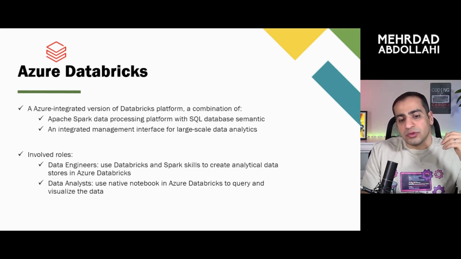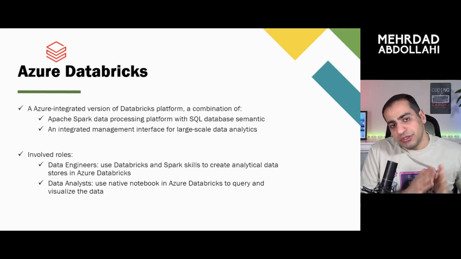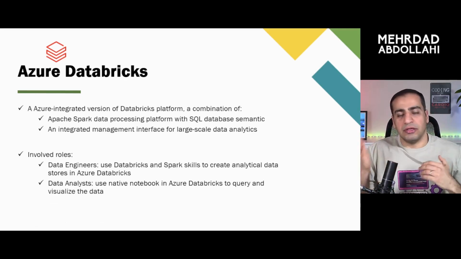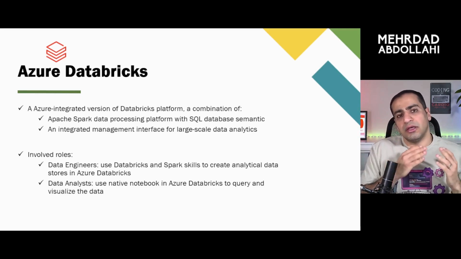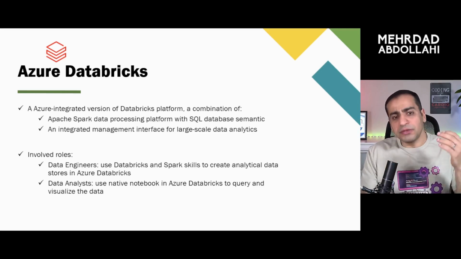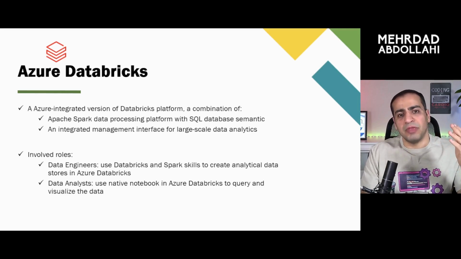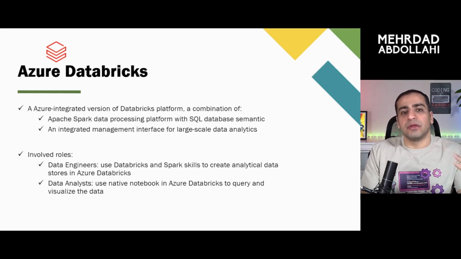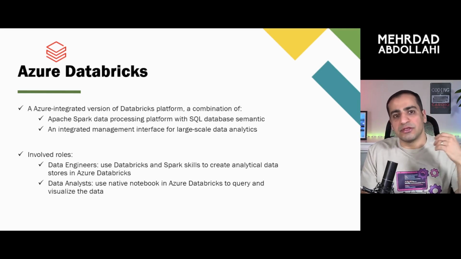The roles involved are the data engineers, who use Databricks and Apache Spark to create the analytical data stores in Azure Databricks. And also data analysts, who create notebooks for analyzing and modeling the data and visualizing it, in order to be presented to the high-ranking authorities in the organization.